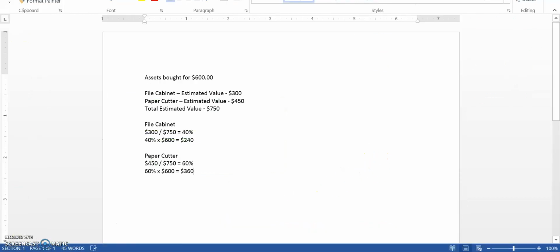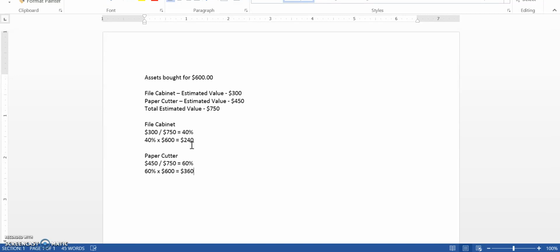So the first one that we had was that file cabinet. The file cabinet's estimated value was $300. Our total estimated value is $750. When we divide that, we get 40% of estimated value. We then take that 40% times the total that we bought the two assets for, which is $600, and we get an allocated value for the file cabinet of $240.